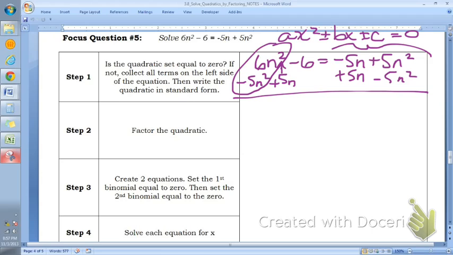6n squared and negative 5n squared, those are opposite signs, so I have to subtract. Bigger sign wins. It's just n squared or 1n squared. Plus the 5n, I know that's hard to see, minus the 6 is equal to, and all that cancels out, equals 0.